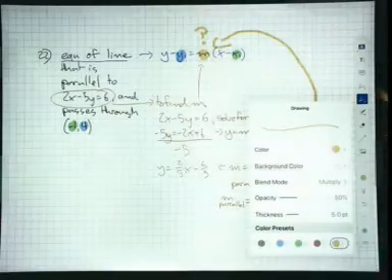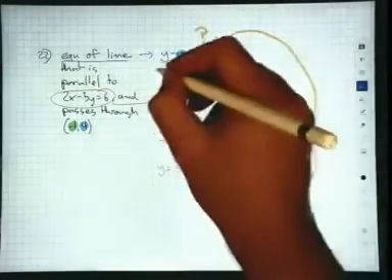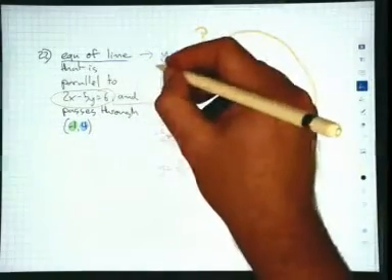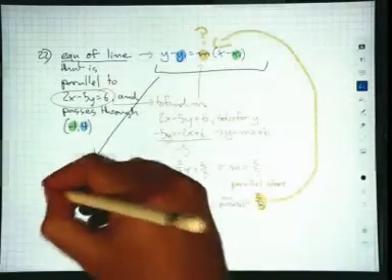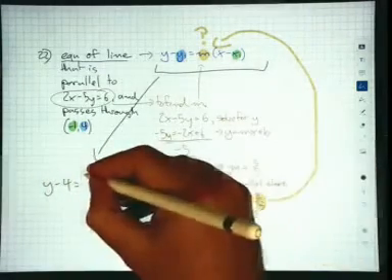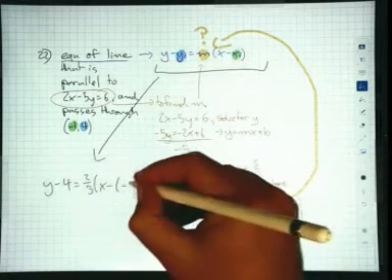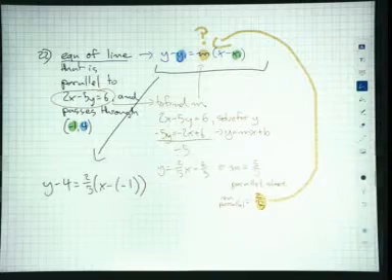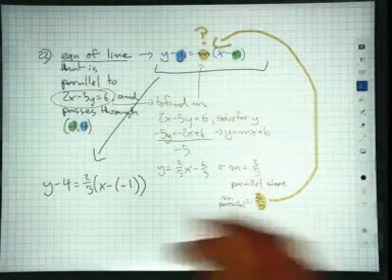So at this point, we just got to do the work. So we have y minus 4 is equal to our slope of 2/5 times x minus -1. And we want to solve that equation for y.